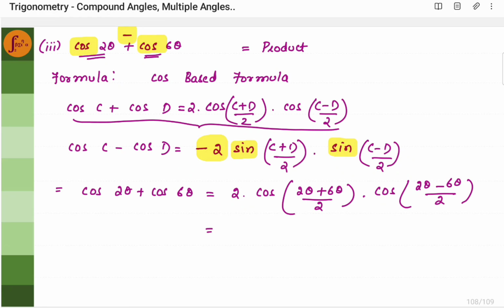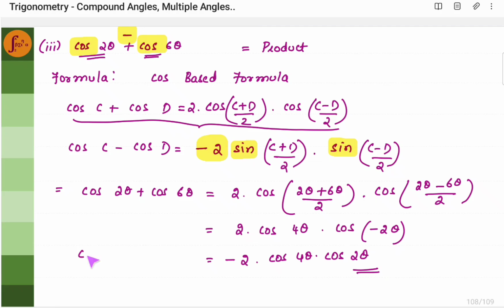So we'll get 2 into cos of 8 theta by 2, which is 4 theta, into cos of 2 theta minus 6 theta, which is minus 4 theta, by 2, which is minus 2 theta. Let's bring the minus to the front. So we'll get minus 2 cos 4 theta into cos 2 theta. This is the answer for this problem: cos 2 theta plus cos 6 theta is equal to minus 2 cos 4 theta cos 2 theta.